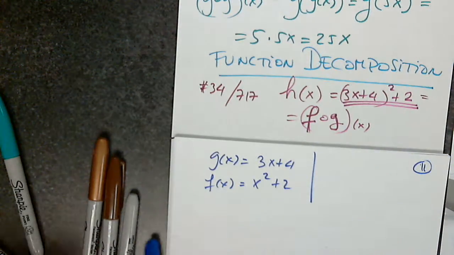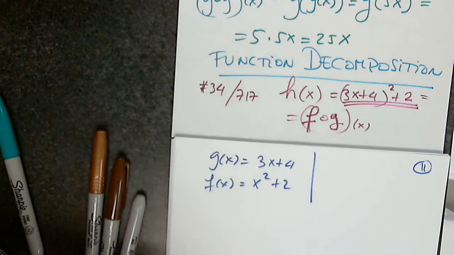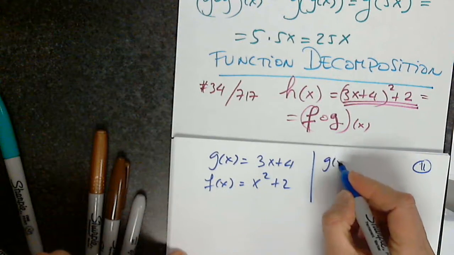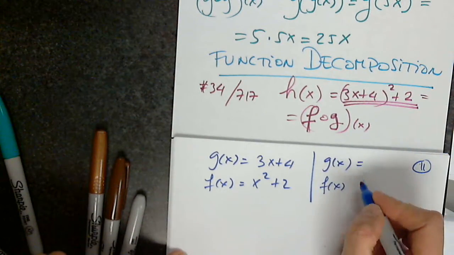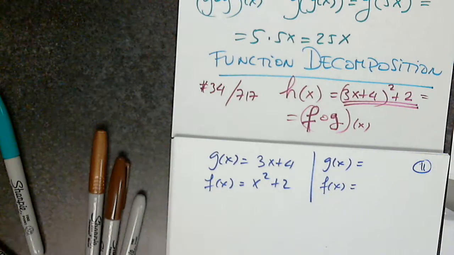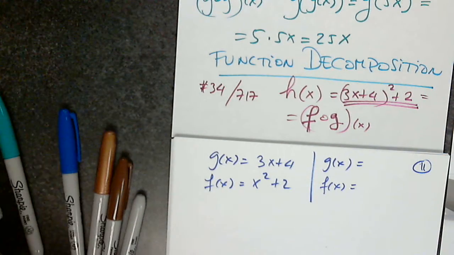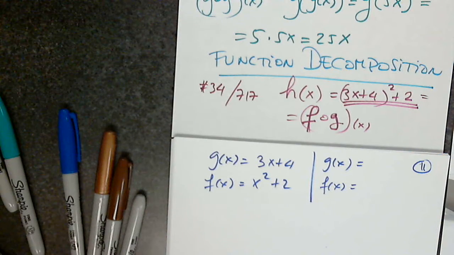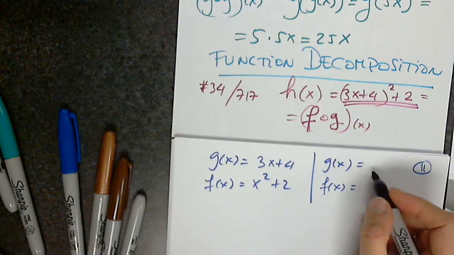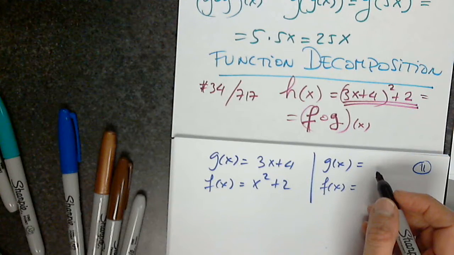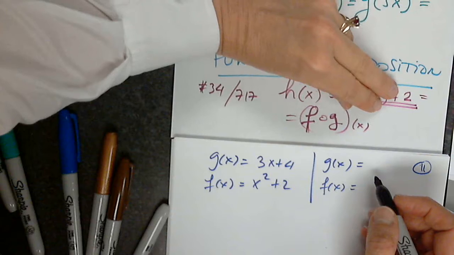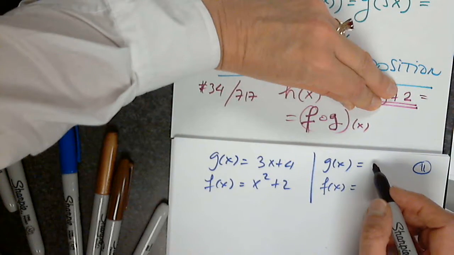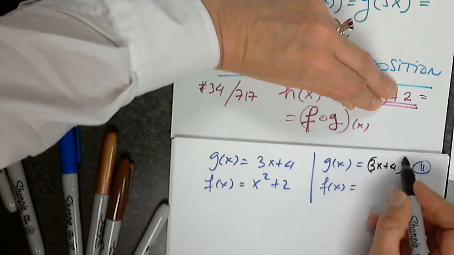Okay, ready? So let's find another pair, just to show that there is more than one correct answer. You could consider this the first function: 3x plus 4 everything squared.